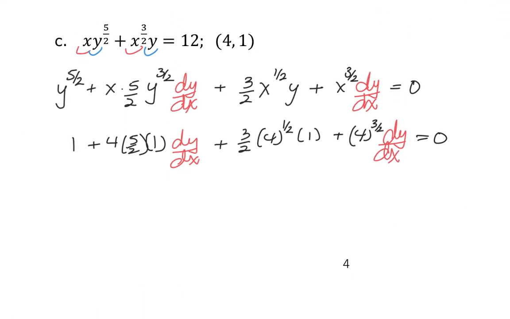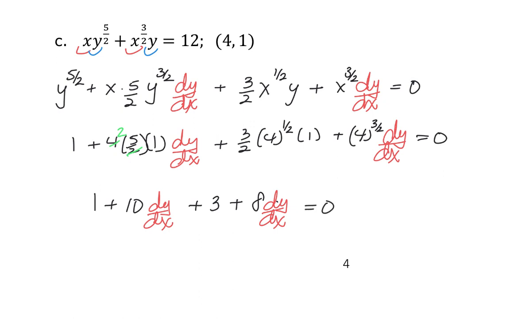Okay, so I get 1 plus, this 4 and 2 will cancel, so I get 10 dy/dx, plus the square root of 4 is 2, so just 3, plus the square root of 4 is 2, cubed is 8, and dy/dx is equal to 0.